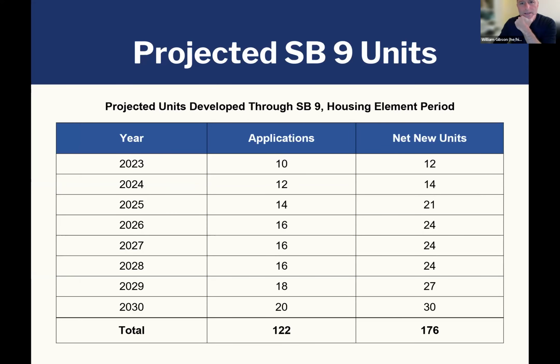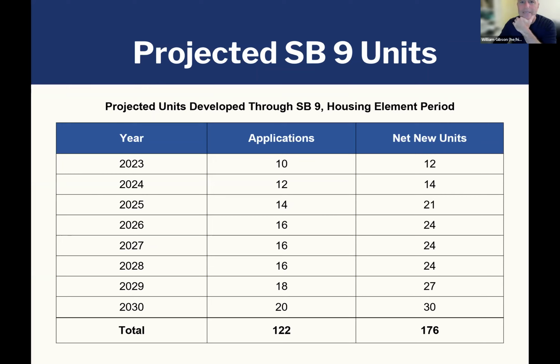For SB 9, we have received something on the order of 12 applications as of a month or two ago, and those would have created about 18 units once processed. And that's just since the beginning of the year when this law took effect. However, we don't assume all of those applications will make it through the pipeline or all those units will be built. So this is again a conservative estimate.